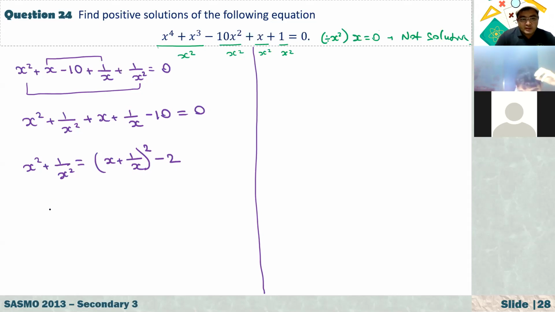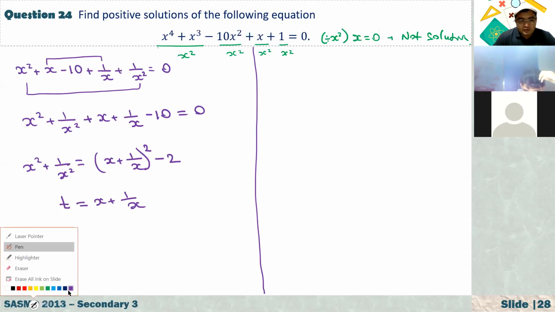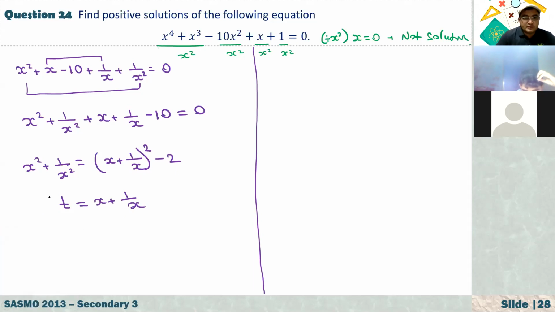All right, using this one, let me now introduce a new variable. Suppose that t is equal to x plus 1 over x. Now, if you substitute into the equation, now I have something new here, right? So here, instead of x squared plus 1 over x squared, this one is t squared minus 2, plus, and how about x plus 1 over x?